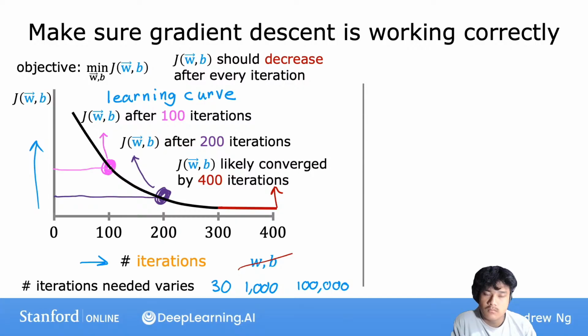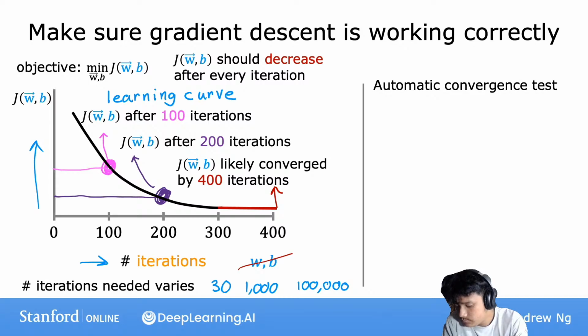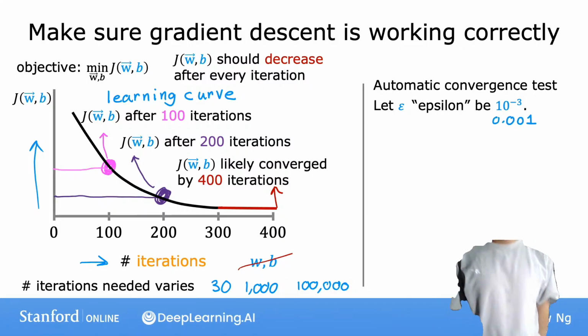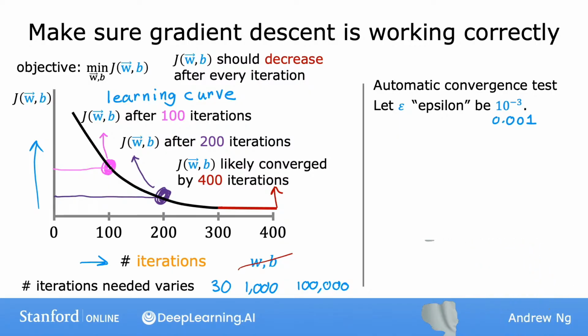Another way to decide when your model is done training is with an automatic convergence test. So let epsilon, the Greek letter epsilon, be a variable representing a small number, such as 0.001 or 10 to the power of -3.